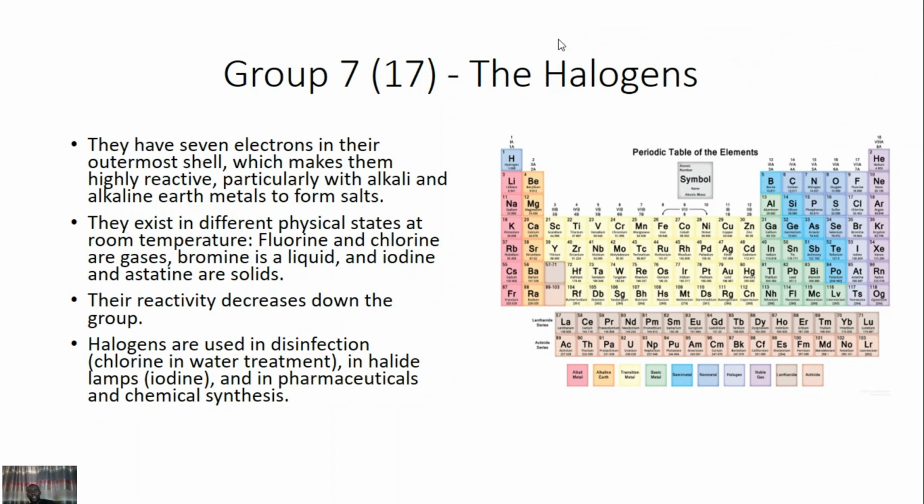They exhibit different physical states at room temperature. For example, fluorine and chlorine are gases, while bromine is a liquid. As you go down, their density increases. They can react with alkali and alkaline earth metals.